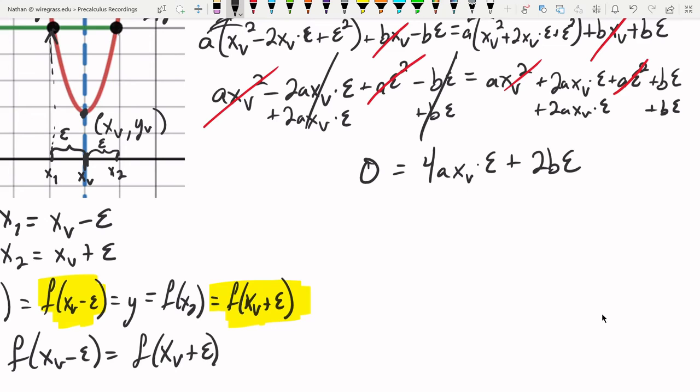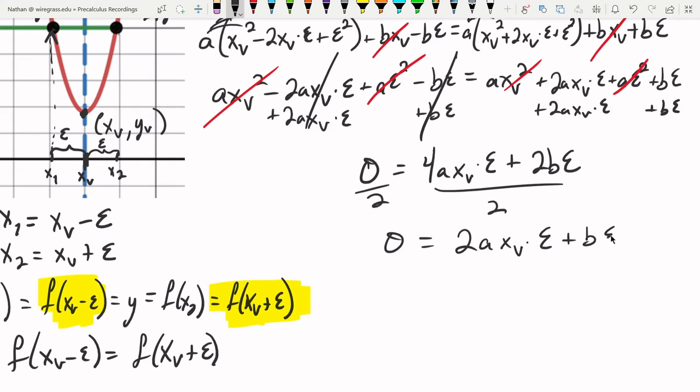At this point, what I can do is divide by 2. 0 divided by 2 is just 0. Makes it a little bit nicer to look at. And I can factor out an epsilon. Both of these terms have epsilon in them, so I can just divide out the epsilon. I get 2a xv plus b.